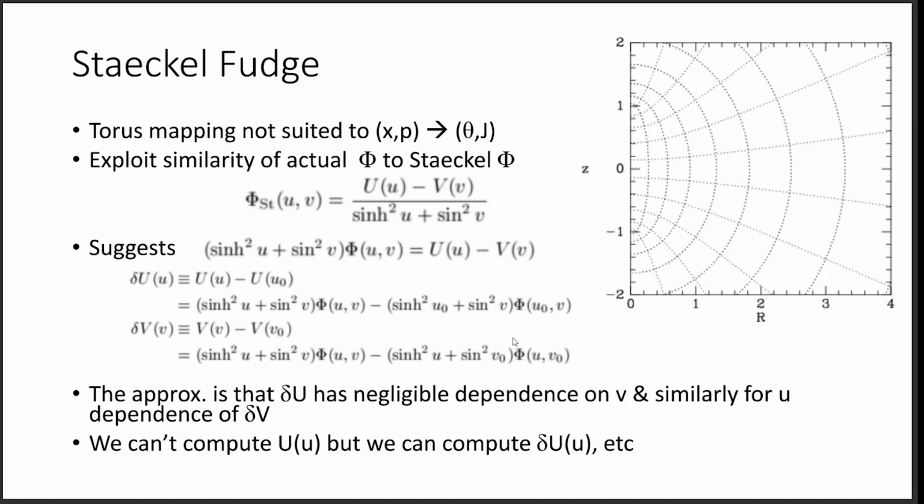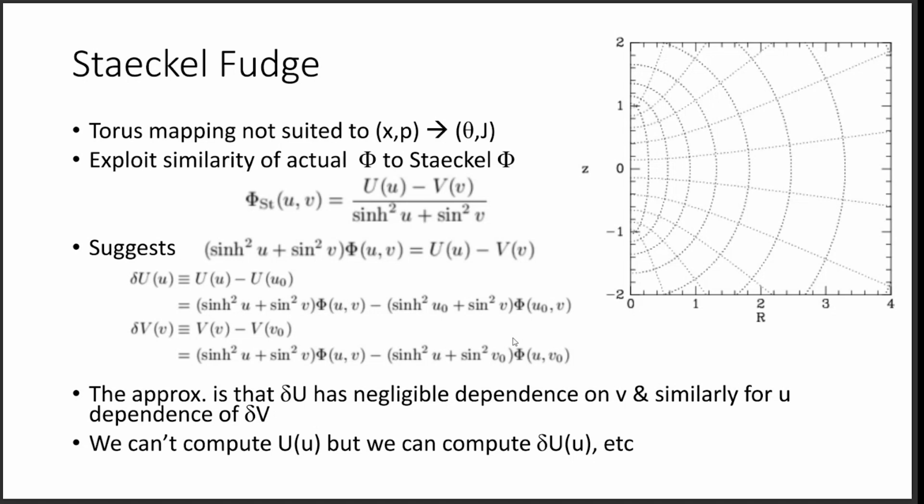If that were true, then this sine squared times my real potential would be this difference between two functions of one variable. So my real potential is absolutely a function of two variables. But if it were a Stäckel potential, multiplying it by this would unwrap it into the difference between two functions of one variable. So the Stäckel fudge amounts to pretending that this really happens. So this is going to be my arbitrarily given potential, and I'm going to fantasize that it can be written as this difference.